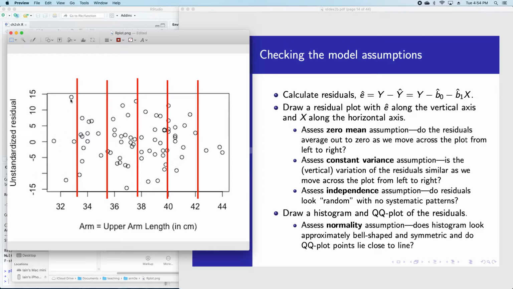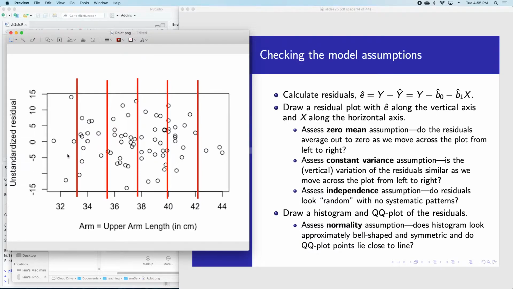I've got one residual up here, a couple here, and one down here. If I was to calculate the average residual for that strip, it would be somewhere here where I've got my pointer, somewhere close to 0. And that's what we would like. We would like the residuals to average to 0.